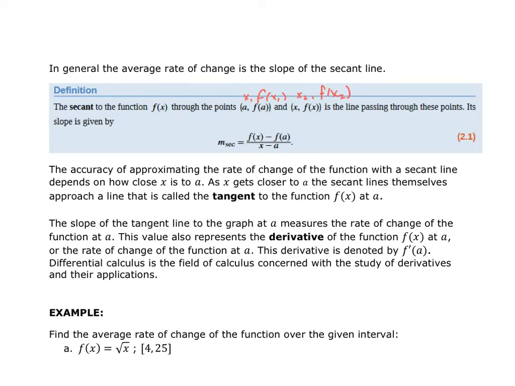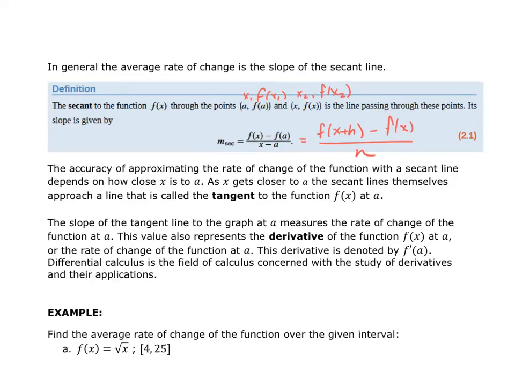The slope of the secant is the same thing as the difference quotient, which we're familiar with from Pre-Calculus 1. And as h goes to 0, we end up with the instantaneous instead of average, and we now have the tangent line.